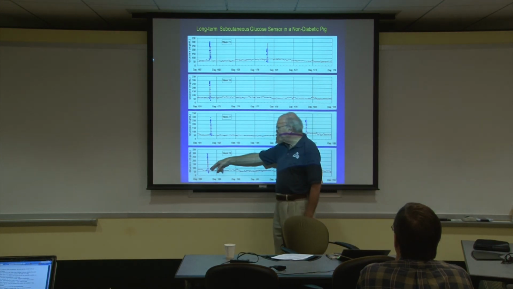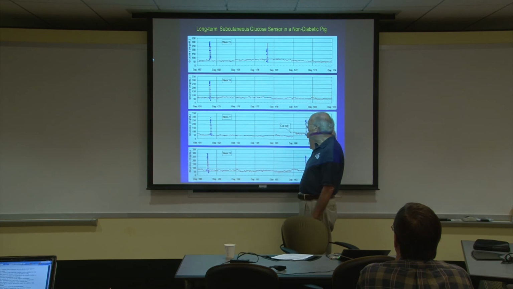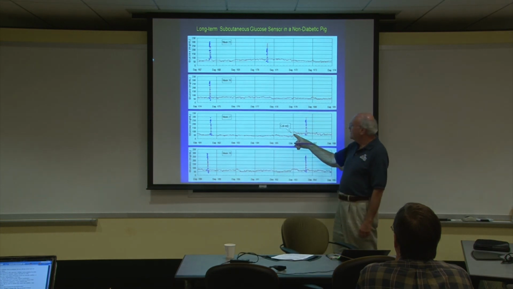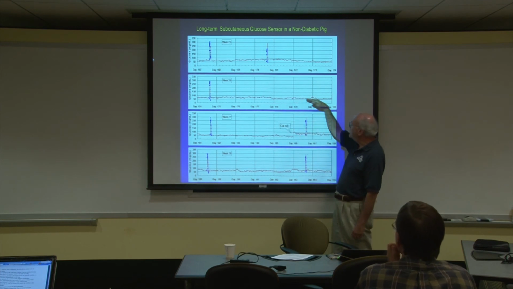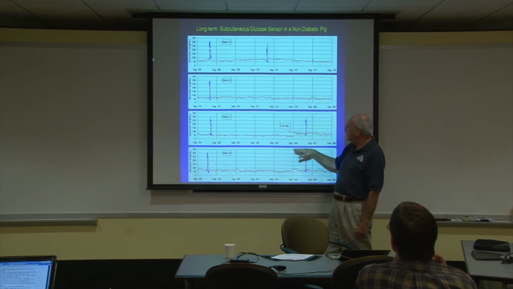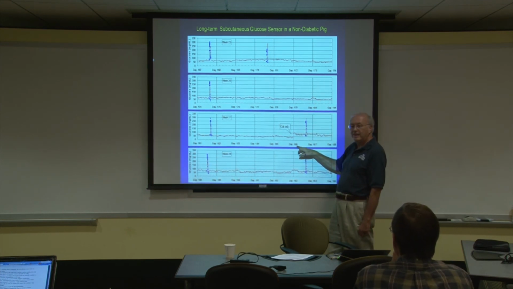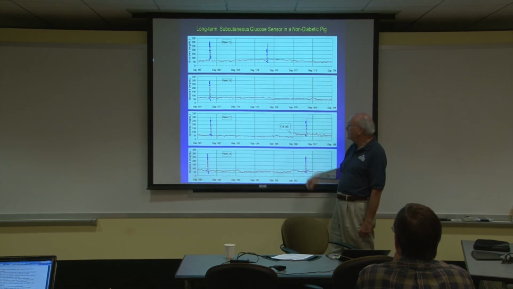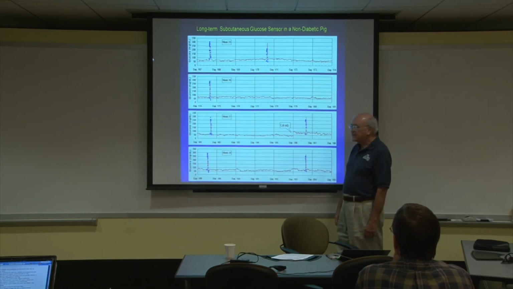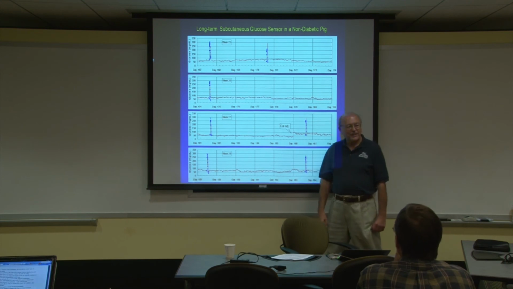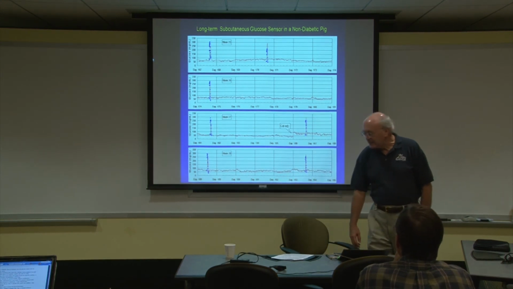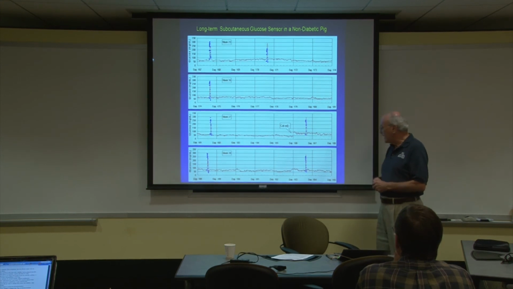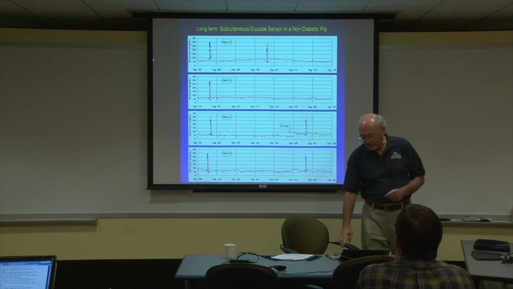Except here's where we just give them a squirt. And this shows when we needed to calibrate this thing. There's a little change going on here. We recalibrated it on day 186. And this doesn't require daily finger sticking to operate this kind of sensor, I have to emphasize. So this is just a segment of this, and then we kept this animal going as an example for a year.